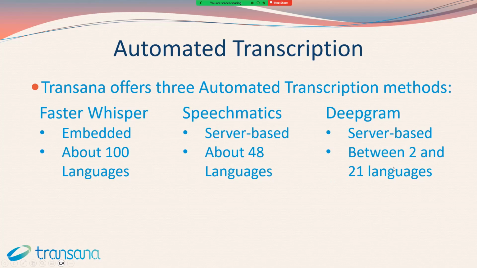So all of the most common languages, French, German, Italian, English, Portuguese, are supported by all 3 tools. Some of the less common languages are supported by fewer tools, and there are some languages that only Faster Whisper supports, although there's at least one language that Speechmatics supports that Faster Whisper doesn't.